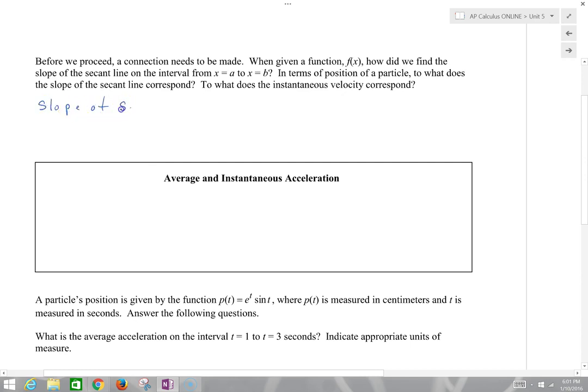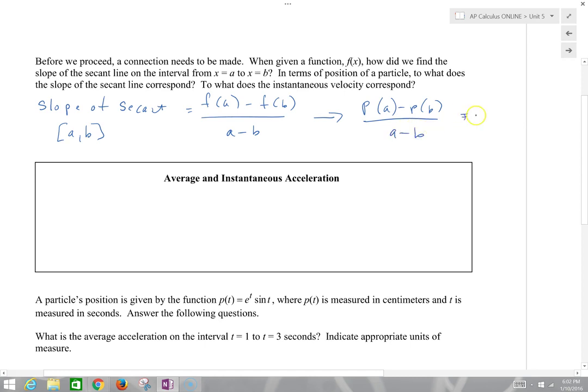Slope of secant on the interval a to b is equal to a function evaluated at a minus the function evaluated at b all over a minus b, and that is the same as p of a minus p of b over a minus b, which is equal to average velocity.